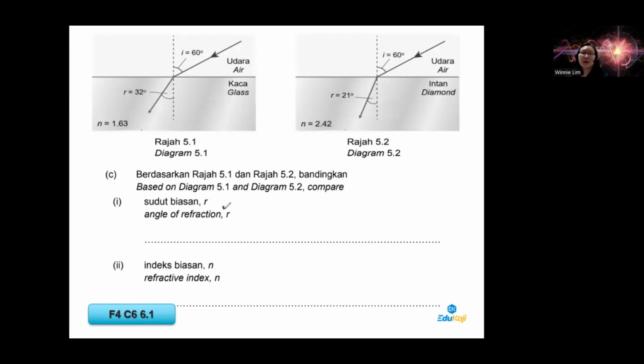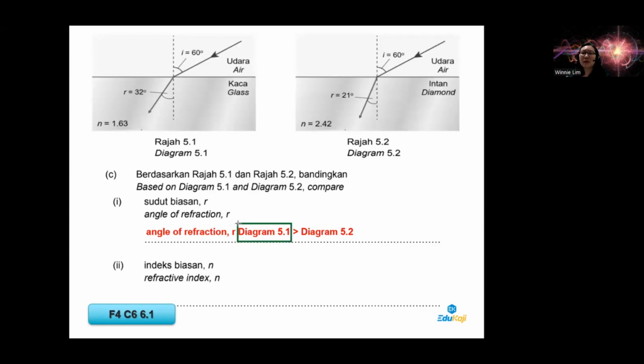They see, if you do not know what R is initially, they tell you now already. So this is 32, this is 21. So how do you mention it? You say the angle of refraction in diagram 5.2 is smaller, or vice versa. Okay, do not make a habit of giving short form only.